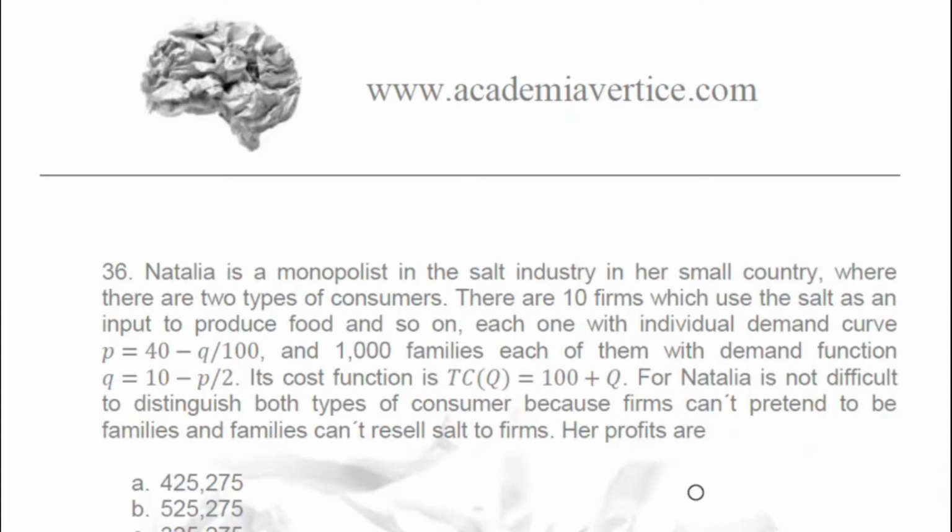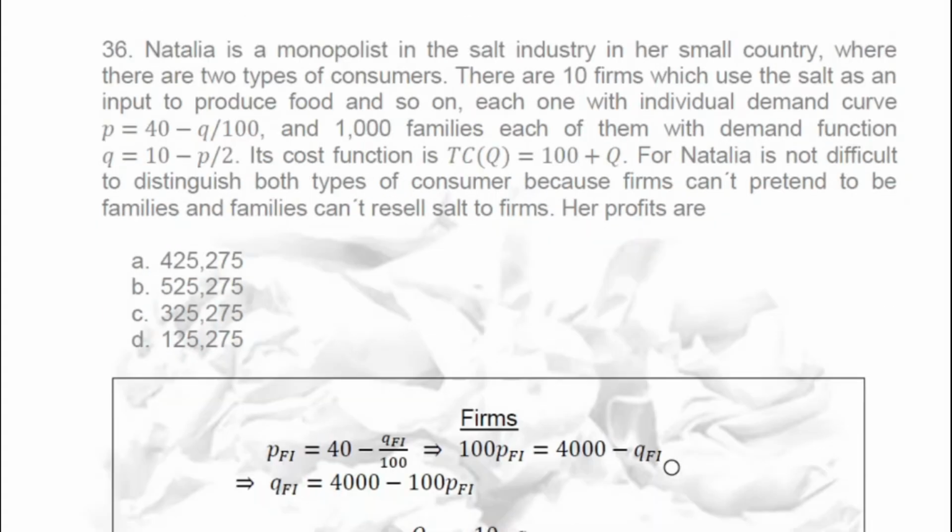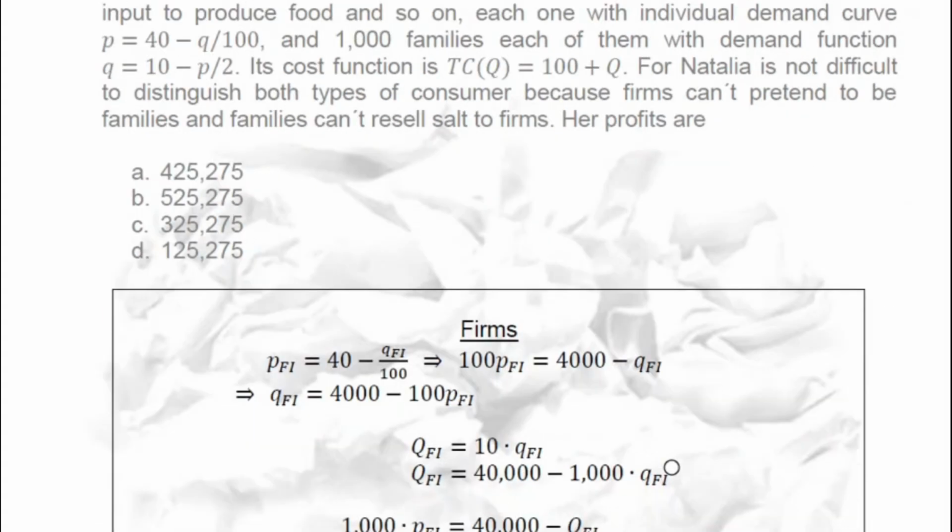Then her profits are, well, this is clearly third-degree price discrimination, so let's do it. From firms we isolate Q to aggregate and find the firms' aggregate demand.